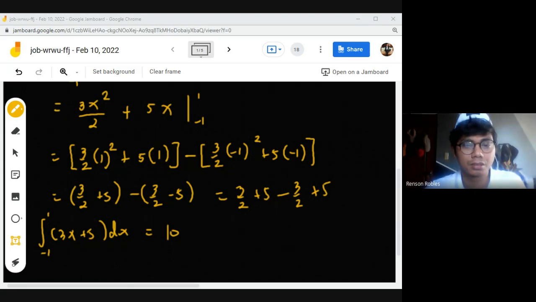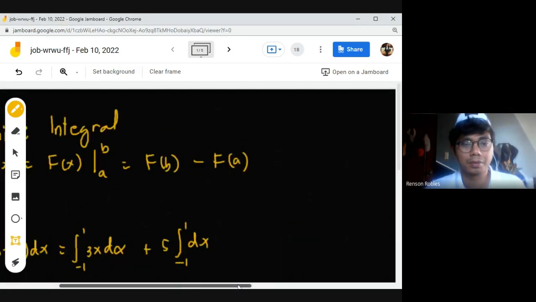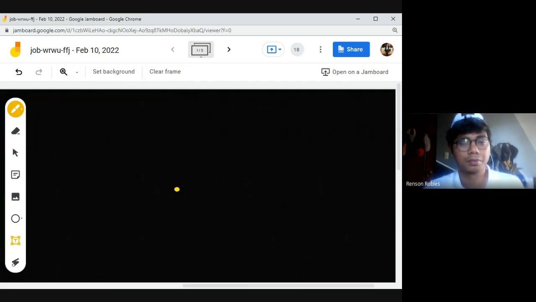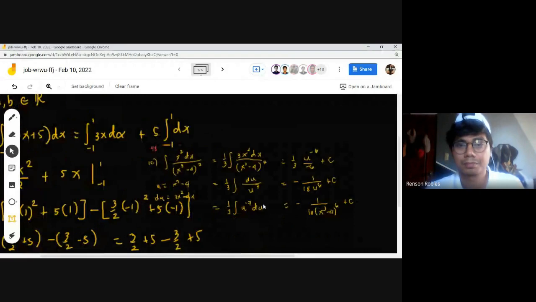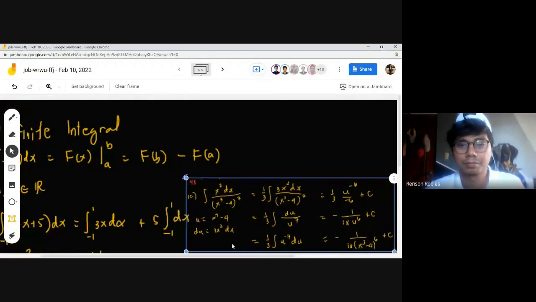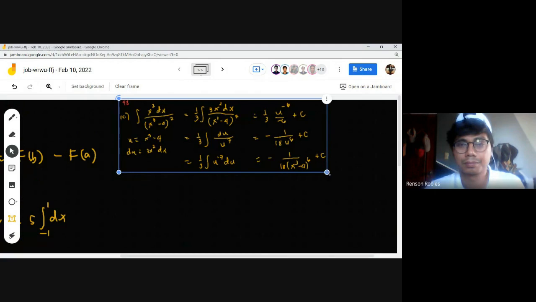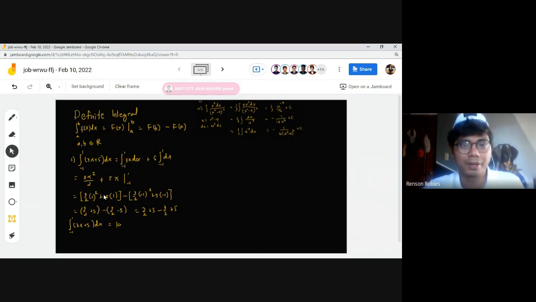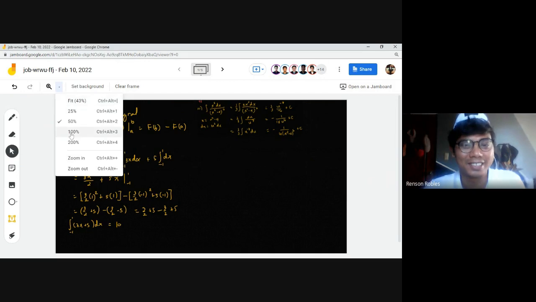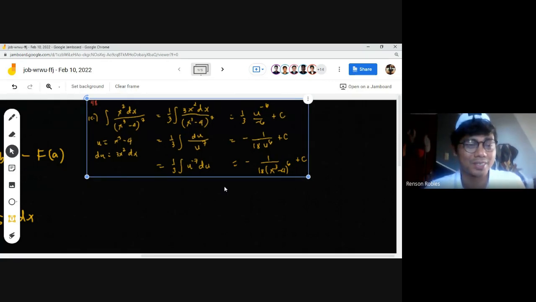This is from number 15. It's bigger than I thought, sorry, that's why the space is tight. Can you still see it if my writing is only this big? Yes? Okay. It's consuming space.